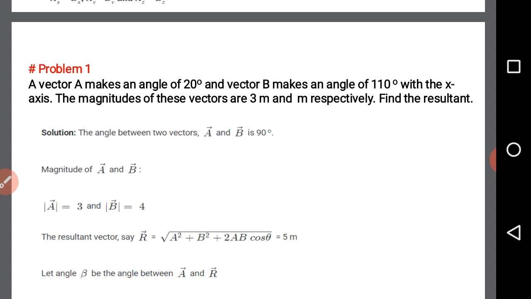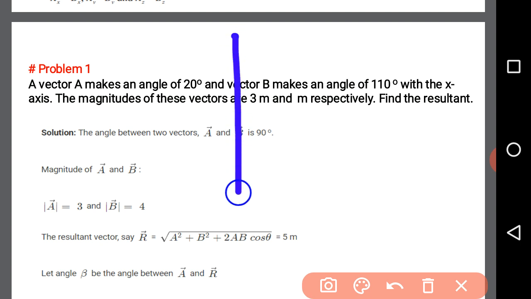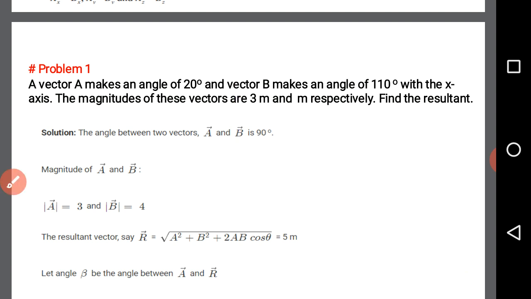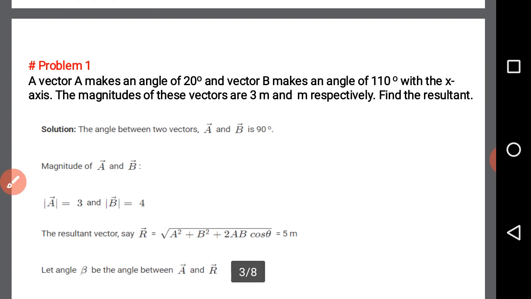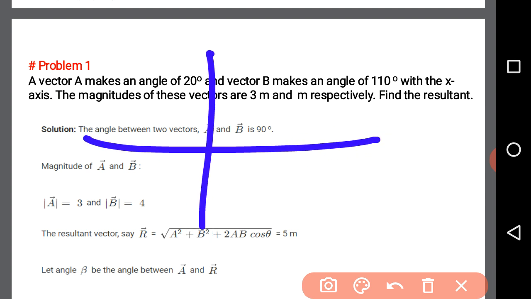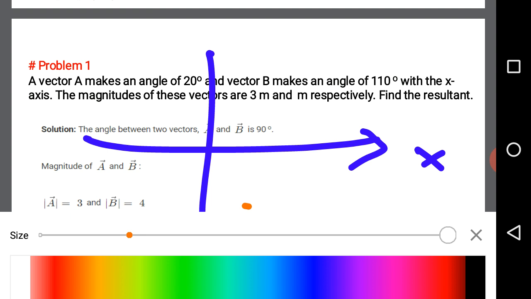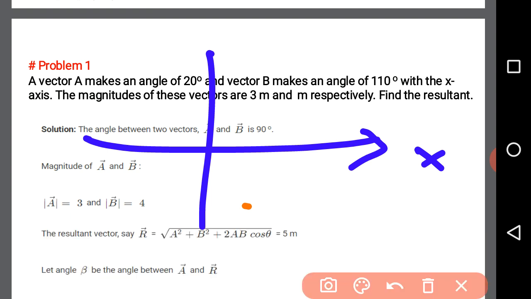That means the situation is like this. This is the x-axis, and the first vector is making an angle of 20 degrees with the x-axis.